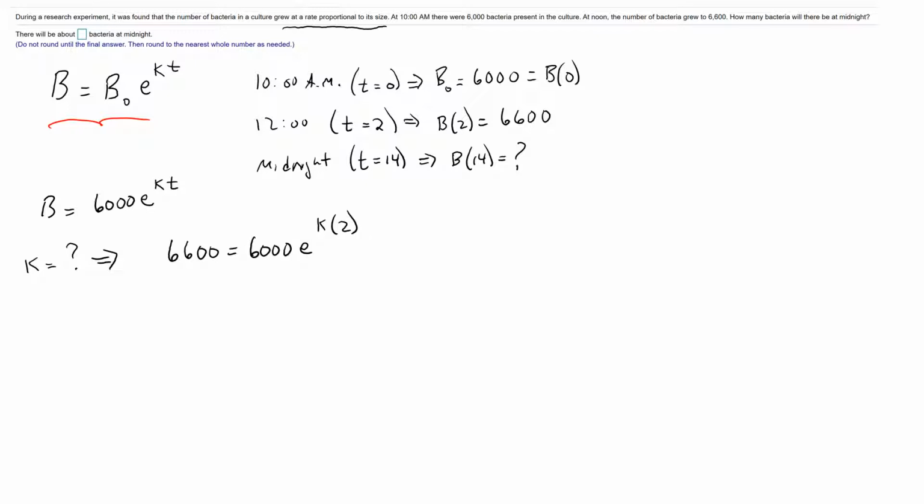Now we're going to solve it for k. To solve an equation with an e on one side and not the other, we're eventually going to natural log both sides. But we can't natural log until the coefficient is equal to 1. So to get rid of that 6,000, we'll divide both sides by 6,000.